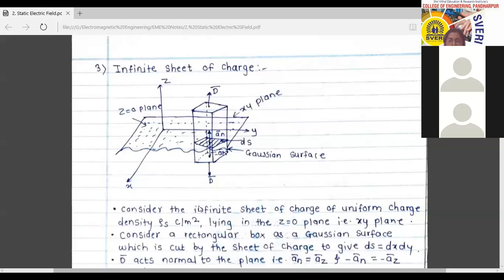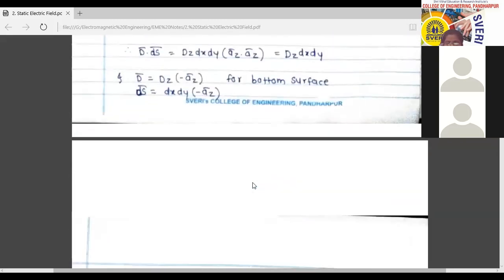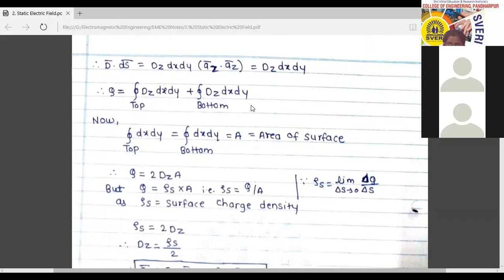So I hope you understood. So here, up to this point, we have seen the equations for the top surface and bottom surface. Now we have to add these, because we are finding the equation for charge Q. It is the integration for the top surface, dz dx dy, and for the bottom it is the integration of dz dx dy. But the surfaces are different, top and bottom.